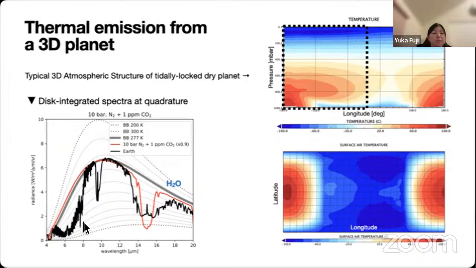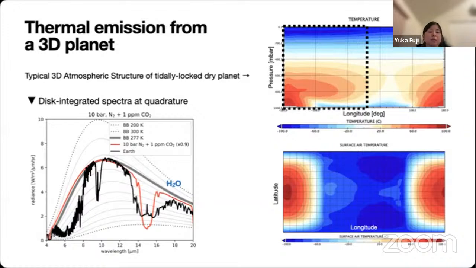The red line is based on the three-dimensional structure of the synchronously rotating planets for certain assumptions. In some cases, the overall shape has some decrease toward the longer wavelengths. And this can, in some cases, mimic the broad water vapor features.